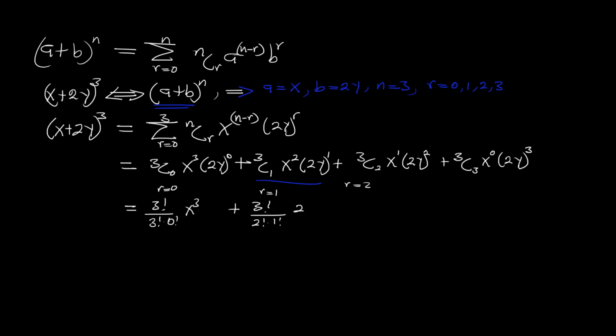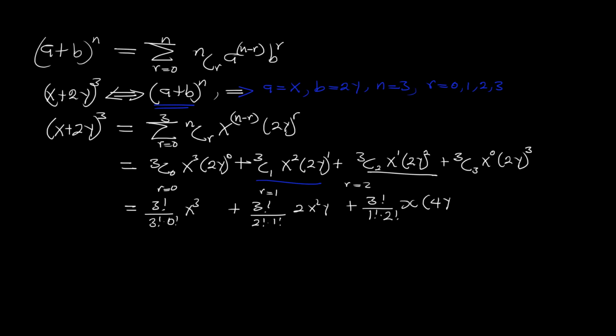Then we multiply it by 2x²y, plus, we move on to this term, we have 3 factorial over (3 minus 2) factorial, which is 1 factorial times 2 factorial. We are multiplying it by x.